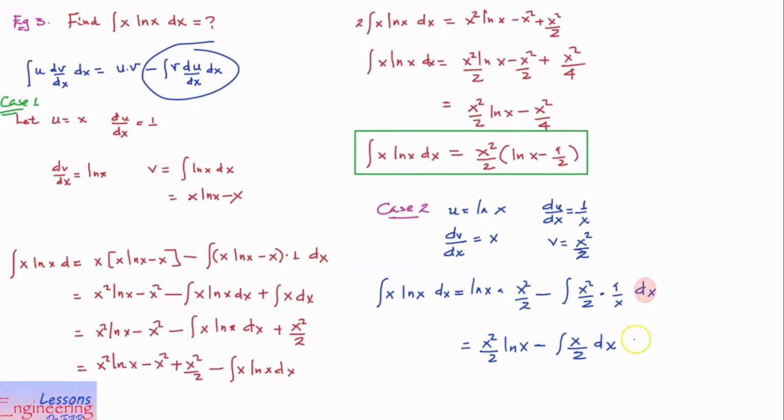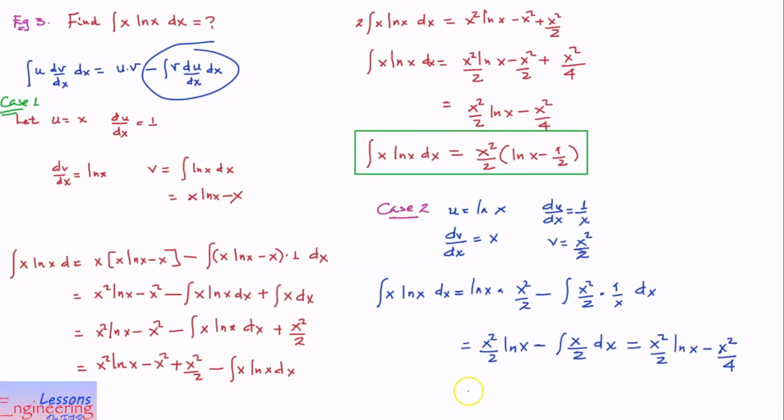So this is equal to x squared over 2 ln x minus x squared over 4, plus a constant, which we'll assume to be 0.